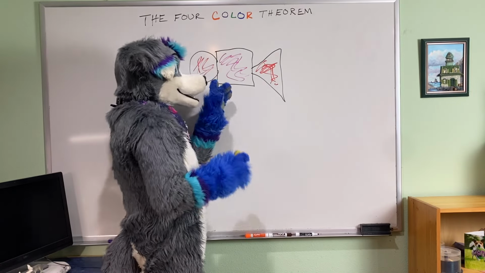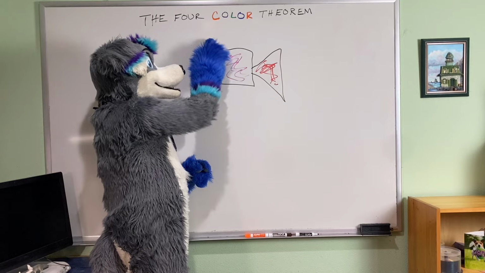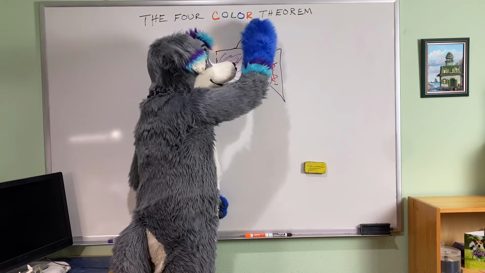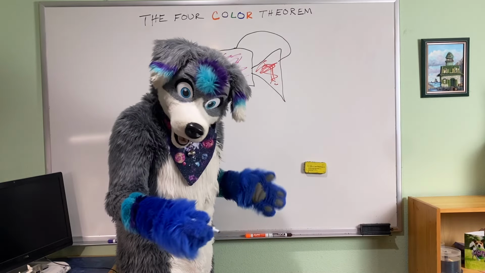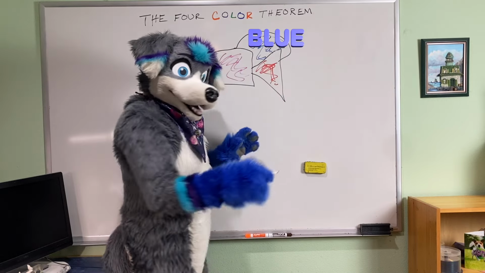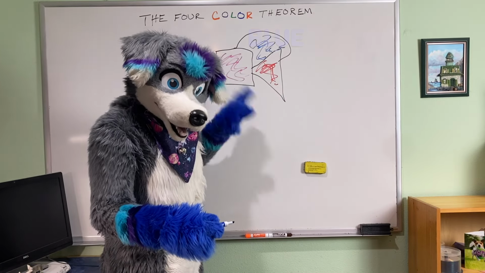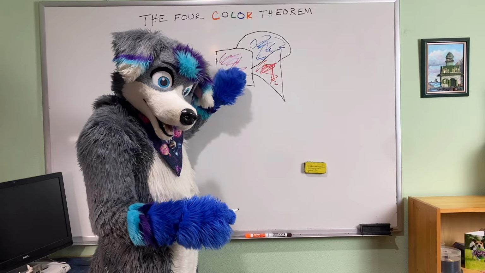But what I could have done, instead of drawing it here, I could have drawn it right here. Now I cannot use pink or red. I have to use a different color, like blue. So I needed 3 colors to color this map, so that no two adjacent geometric shapes are the same color.